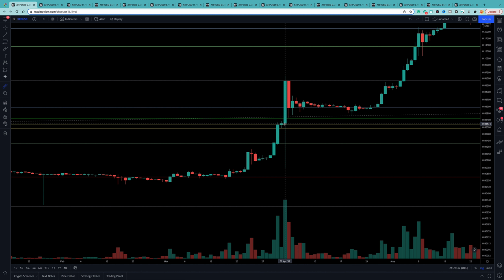So now this one here retraced in one day 66%. And then in the same day went back up 810%. This is just madness. Crazy.